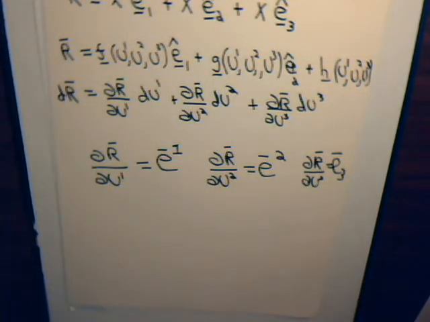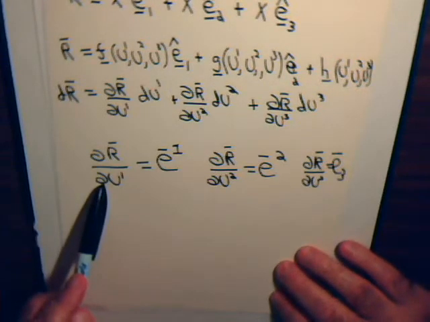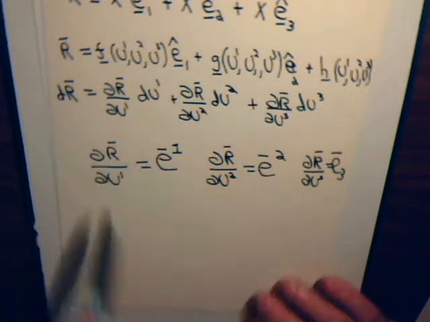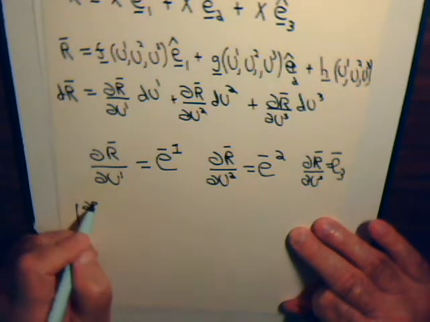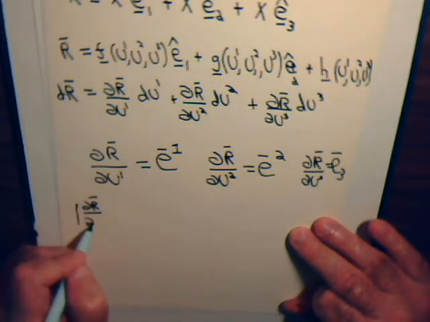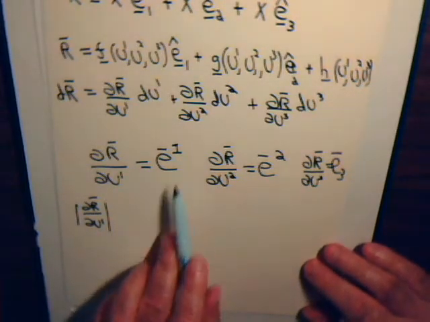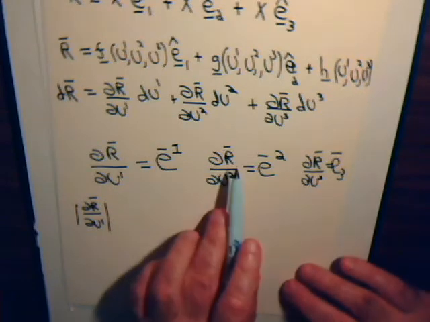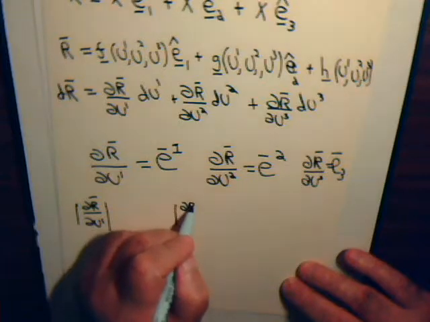If we wanted to get the unit vector, we would have to take the dot product of this with itself and take the square root of that so we get the magnitude of it, then divide this by the magnitude. In other words, find out what this is, then divide this by this, and that would give us the unit vector E2.